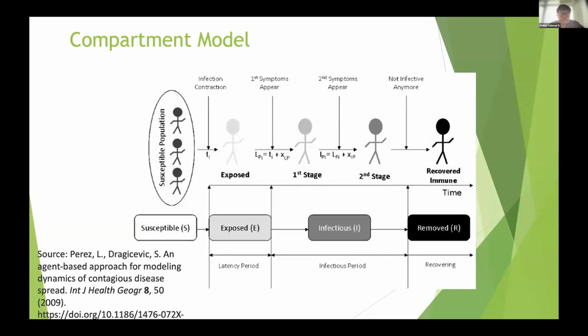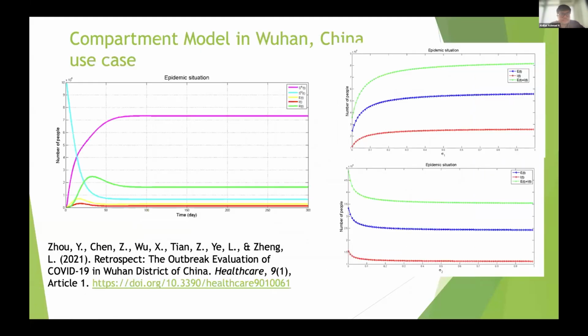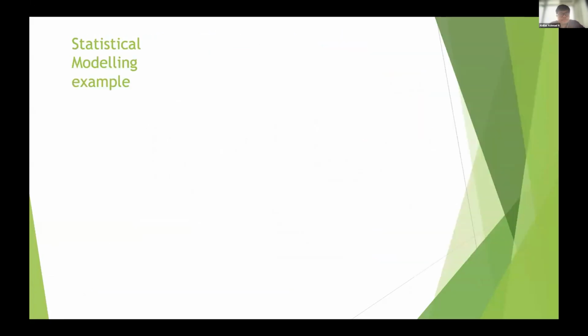Like now we know the susceptible, exposed, infectious, and removed. For example, with this modeling in Wuhan, we can forecast the situation of COVID with a little bit of data.